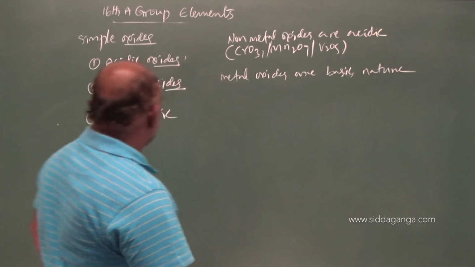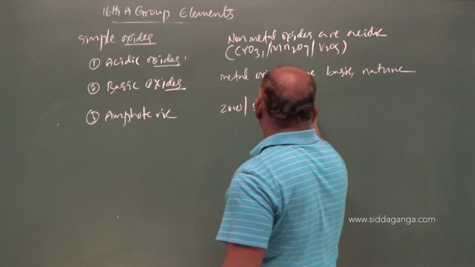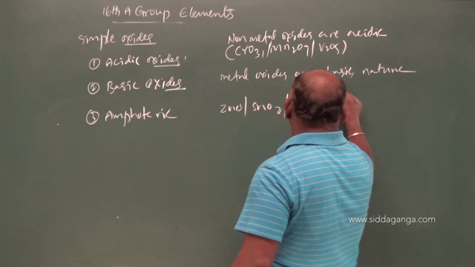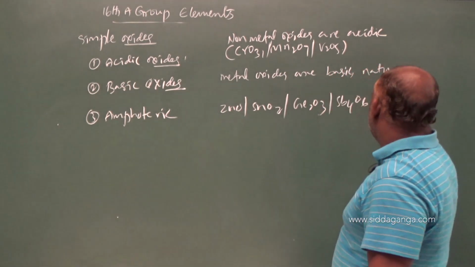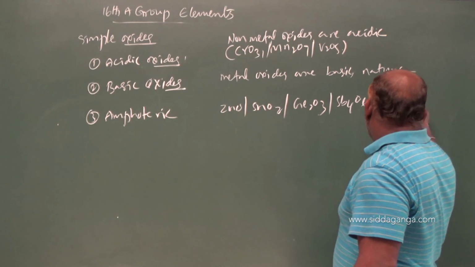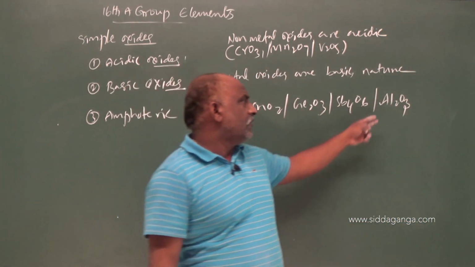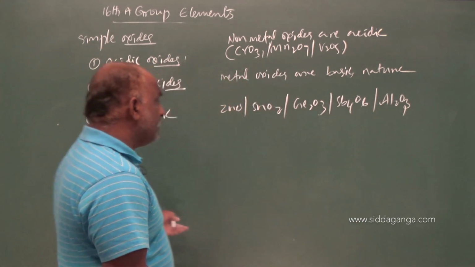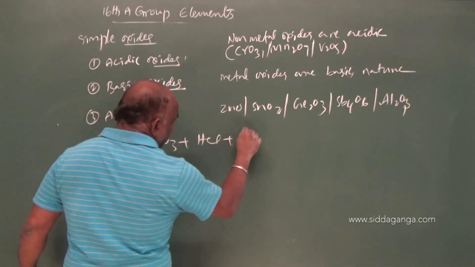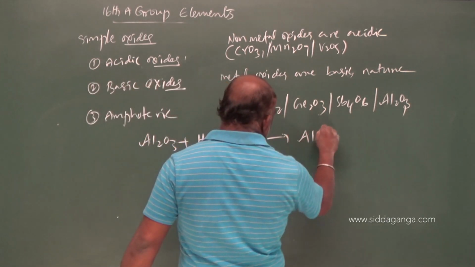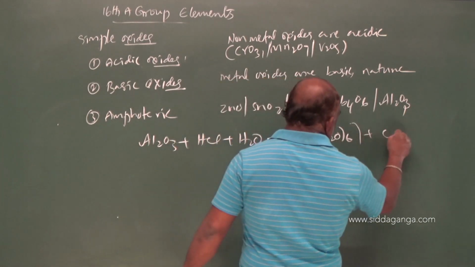So here ZnO, SnO2, Ge2O3, Sb4O6 and one good example is Al2O3. Al2O3 is aluminum oxide, also called alumina. Aluminum oxide reacts with acid: Al2O3 reacts with HCl solution to give [Al(H2O)6]3+ plus Cl minus.